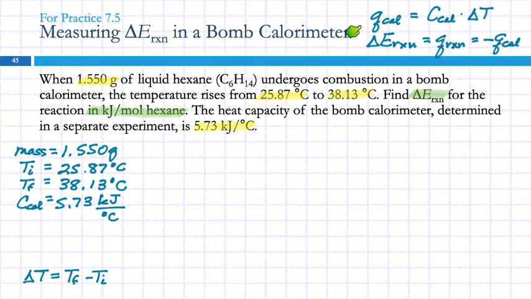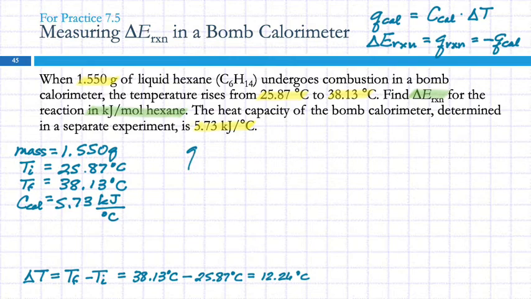So we're trying to find Q-cal then, which is C-cal times delta T. So here we've got C-cal, and we've got the information needed to calculate delta T. So it's 38.13 degrees Celsius minus 25.87 degrees Celsius, and I'm getting 12.26 degrees Celsius. If I get any of these calculations wrong, please let me know.